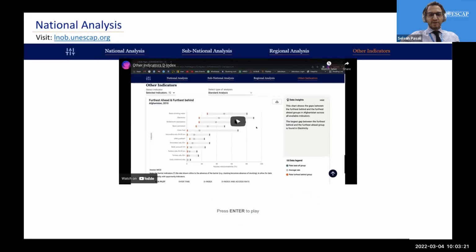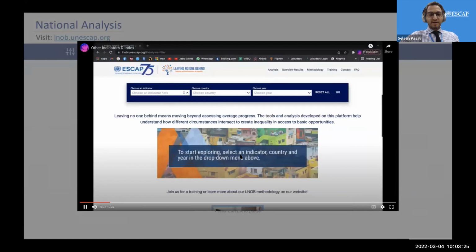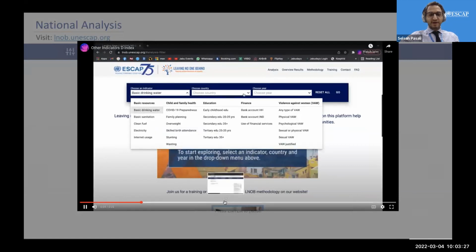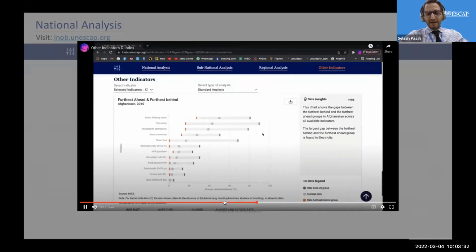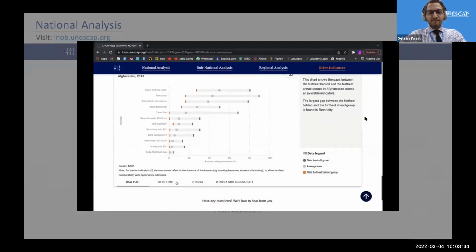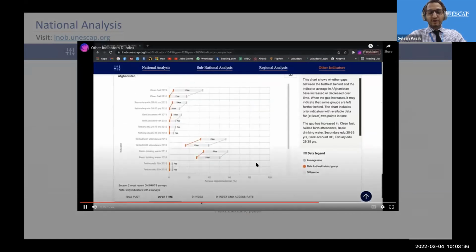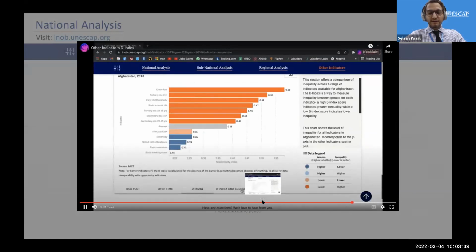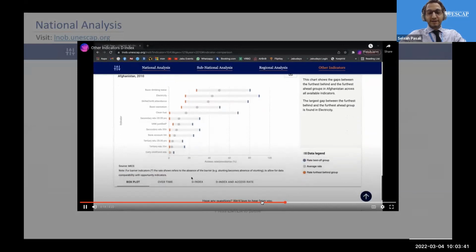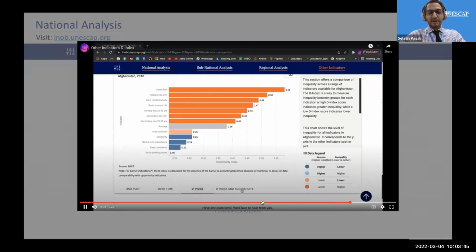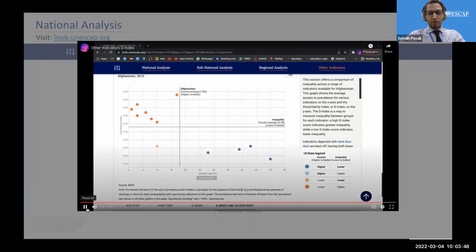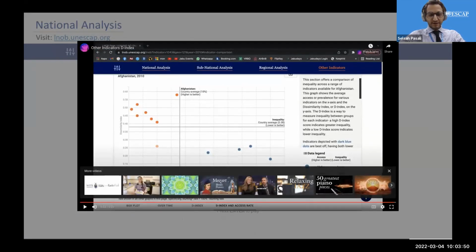Now let's do another opinion poll, but first please go to the other indicators panel at the end of the LNOB page and select the D-index and prevalence tab. For those of you who may have joined just now, it would be nice if you can go to www.lnob.unescap.org. In the chat, we have a link to our platform. On this platform, you would choose Mongolia for a country, 2018 for the year, and you can choose any one of the indicators.